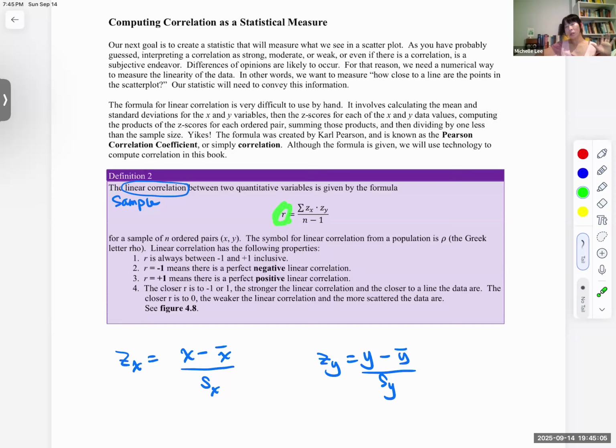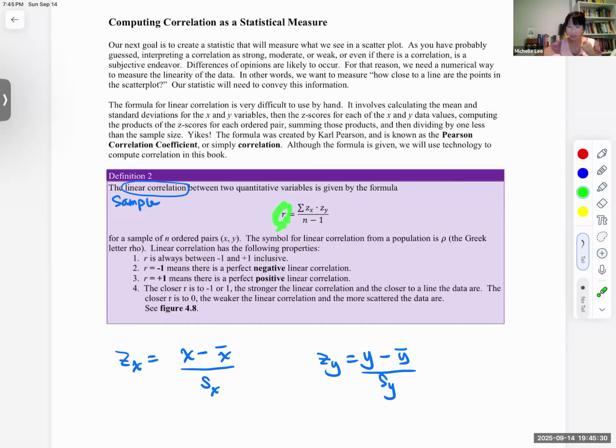Because we knew the picture, trend, pattern. We learned what is positive, what is negative, what is strong, what is moderate, what is non-linear, what is no correlation, right? Then if we have just R by itself, we calculate this number, right?